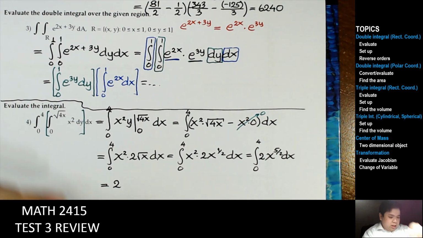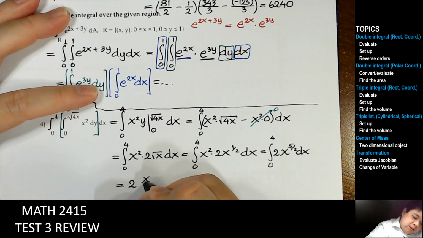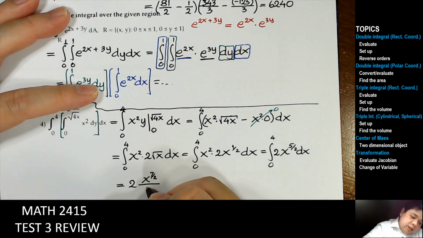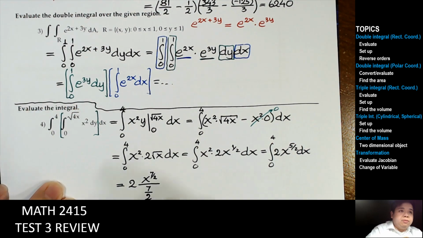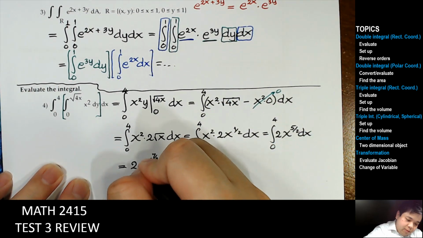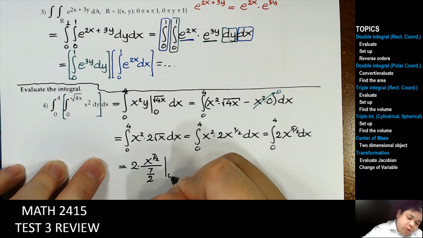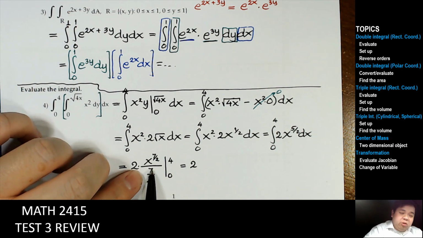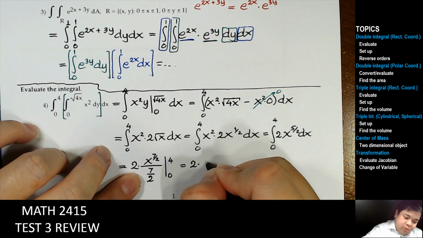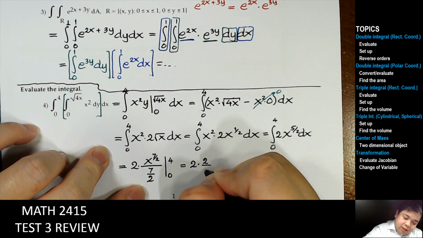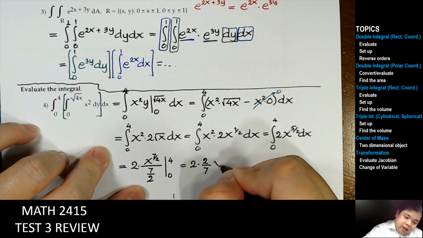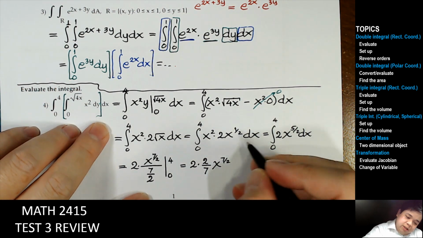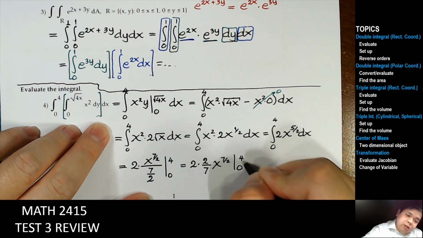Integral of that, increase the power by 1, so x to the 7/2 over 7/2. Evaluate from 0 to 4. Divide by 7/2 is multiply by the reciprocal, 2 over 7. x to the 7/2 from 0 to 4.